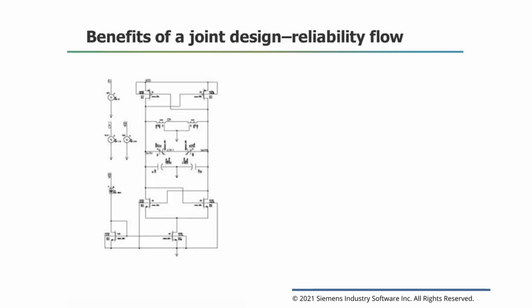A joint design reliability flow allows to predict the degradation of any metric, like oscillation frequency, power consumption, a distortion level, or a settling time. These metrics can be traced versus time and verified against the specification without the need to over-design.